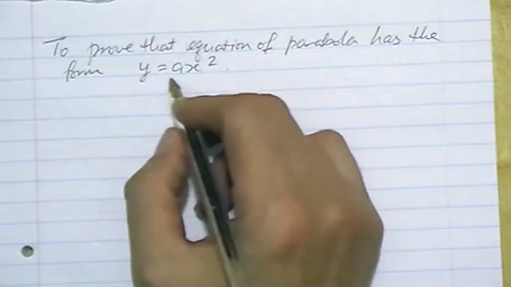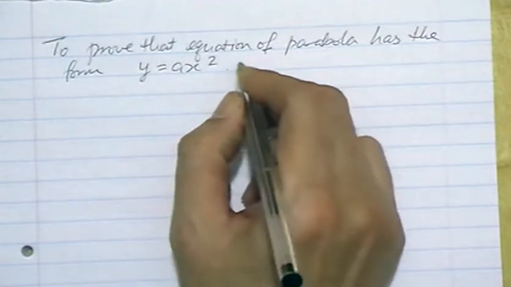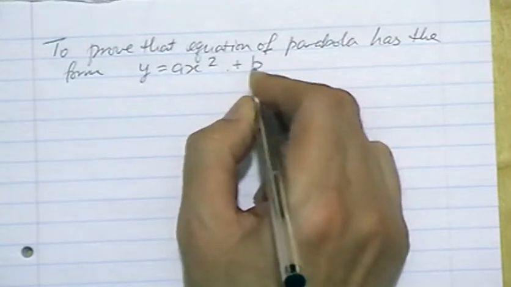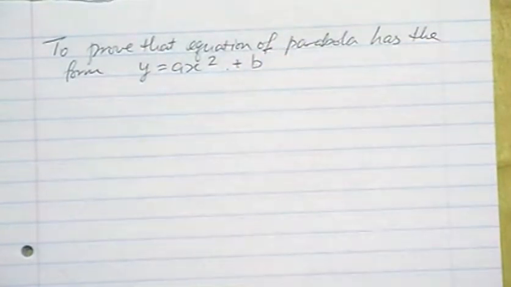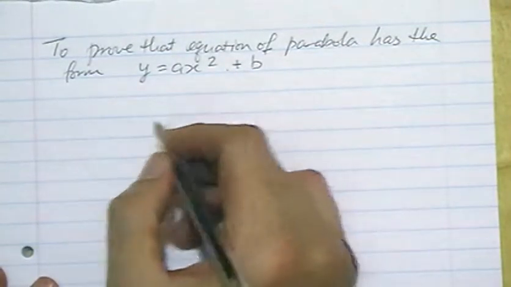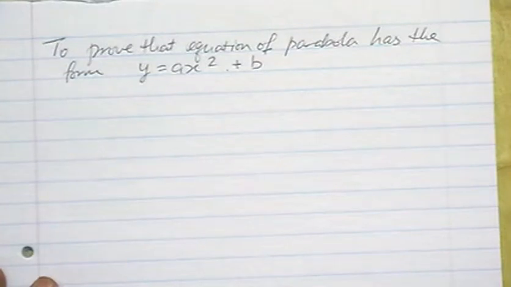Or perhaps I should say y equals ax squared plus some constant b. Okay, I shall start with the definition of a parabola.